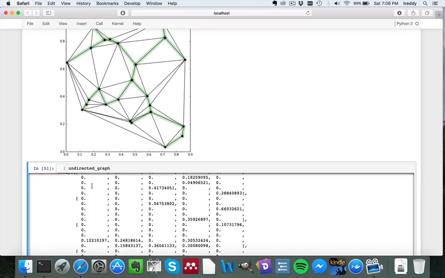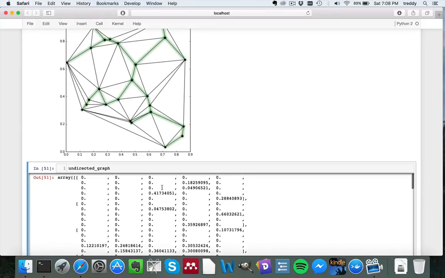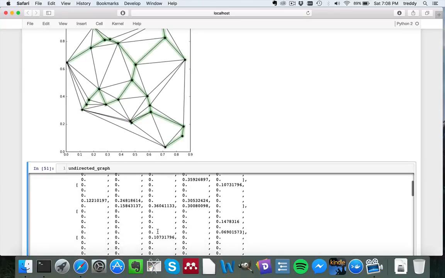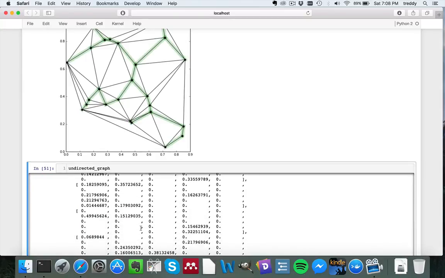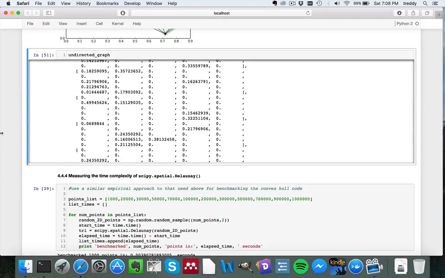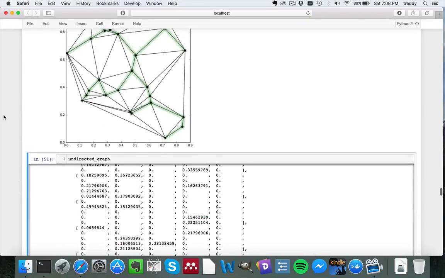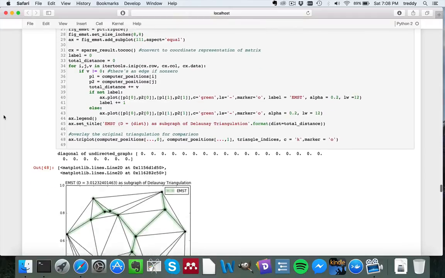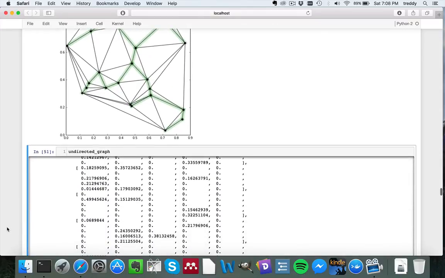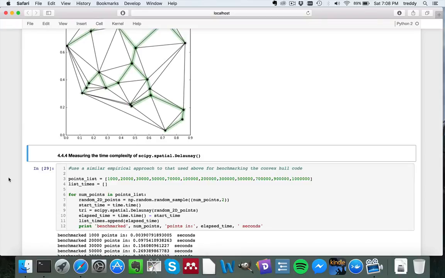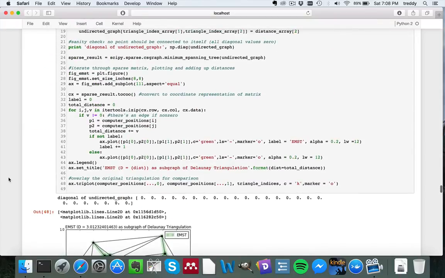So here you can see all the zeros for nodes that aren't connected, and then we see the values for nodes that are connected. It certainly makes sense here. You can see there's a lot of zeros, so it makes sense that we're using a sparse data structure. But as you can see from my efforts, the actual displaying of the sparse data is a little bit tricky, so there's a bit of a cost to the performance gains that you get for working with the sparse data, and that's that working with those data structures requires a little bit more fleshing out.